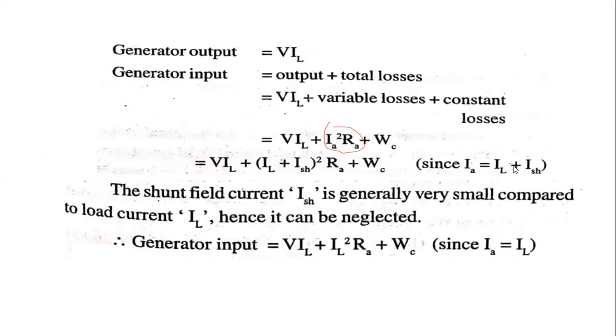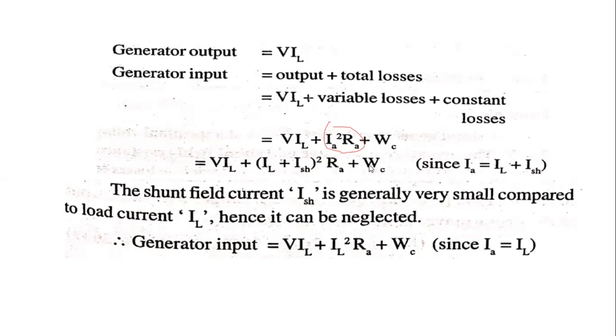Substituting, we get VIL plus (IL plus ISH) whole square into RA plus WC.